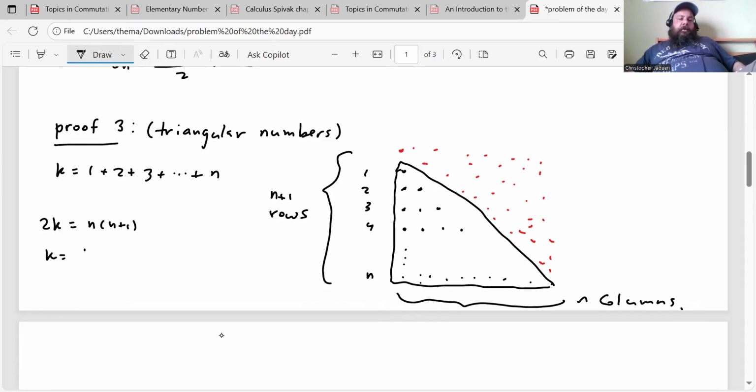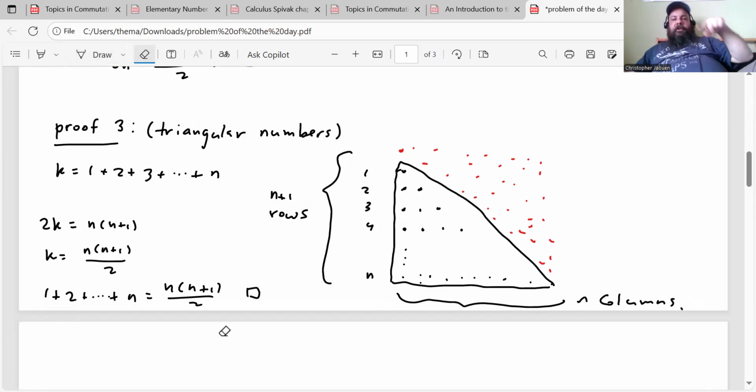And solving for k, we get n times n plus 1 over 2. And again, that shows that the sum of the first n integers is given by that formula. The values that you get by taking the nth term of a sequence using this formula are called the triangular numbers, by the way, because, like I said, you can always arrange them in a triangle.